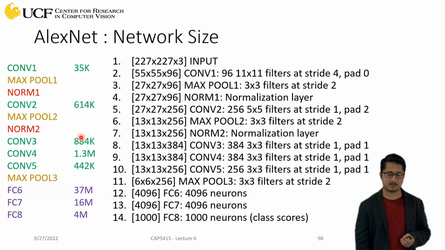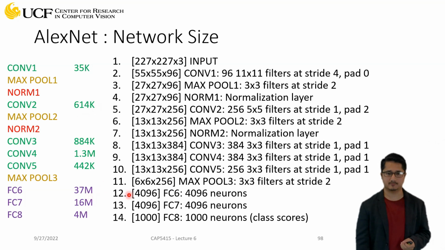Okay. So now one interesting thing to note here is these are the number of parameters which you have in the convolution layers. But as soon as you move to the fully connected layers, you can see you have 4096 neurons here and here, and 1000 in the last one. You can see the number of parameters is a lot. I mean, it's too high if you compare that with the convolution layers. And again, the reason is in the convolution part, we are actually sharing the weights, the kernels, across space.